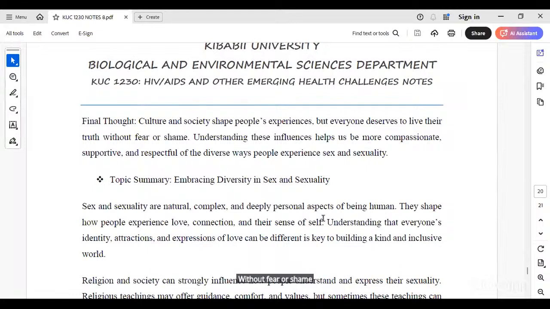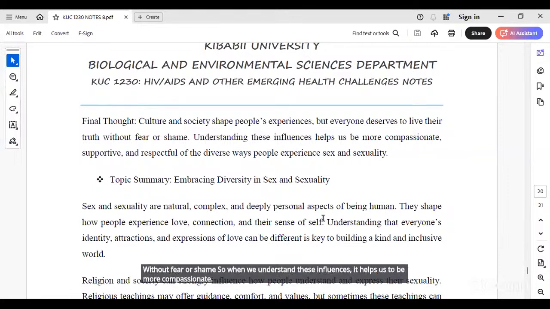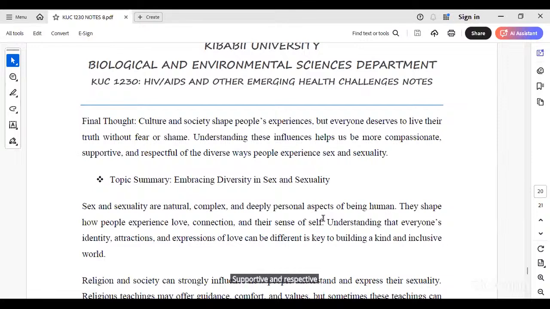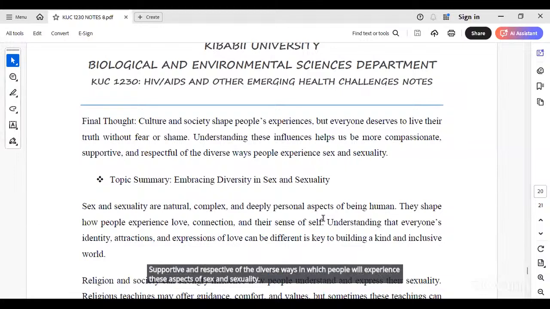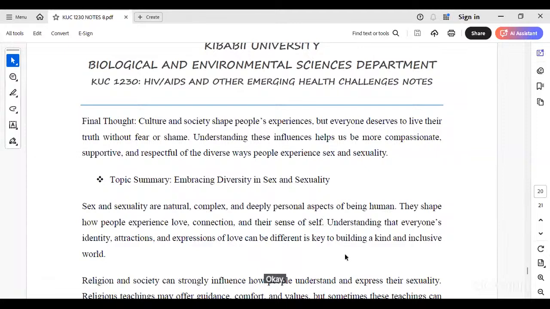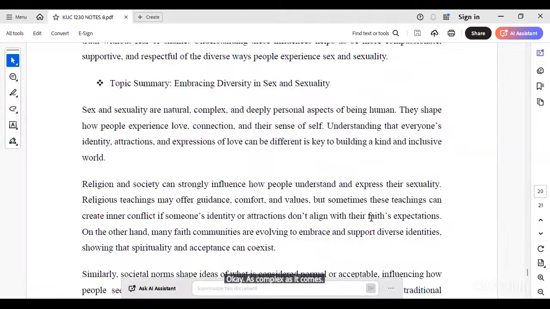So when we understand these influences, it helps us to be more compassionate, supportive, and respectful of the diverse ways in which people will experience these aspects of sex and sexuality. Okay. So as complex as it comes, we need to be accommodative. Religion will play a part, culture will play a part, but what we know is that people will be different.